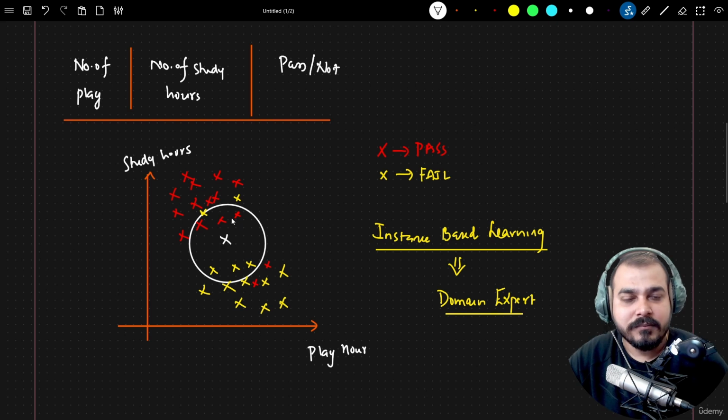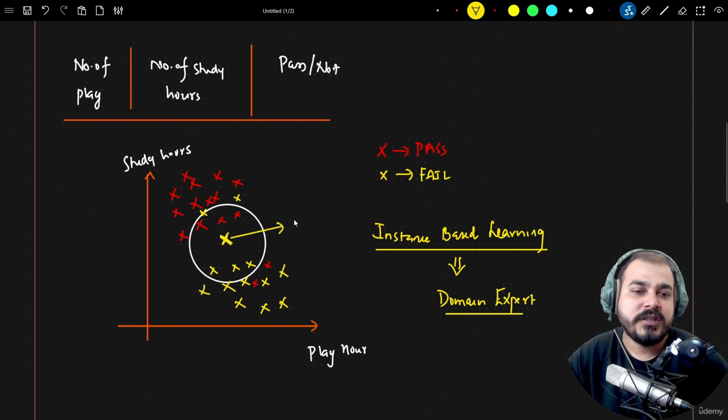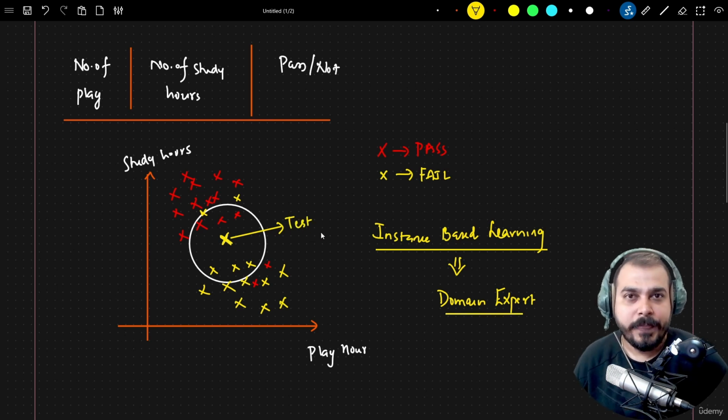If most of the surrounding points are pass, this will become pass. Otherwise, if most of the data points are fail, this will be fail. Here within this circle, most of the data points are fail, so the new test data will show fail as an output.